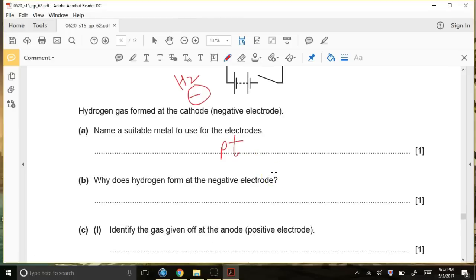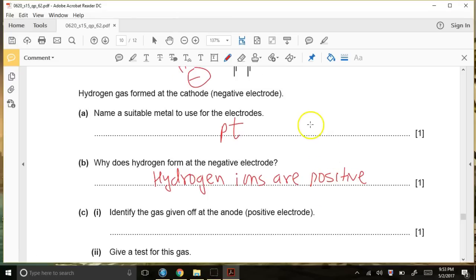Now keep in mind, if the electrode is negative, that means the ion that is going to go there will be positive. So basically you could say because the hydrogen ions are positive. So that's the reason why the hydrogen ions move towards the cathode.